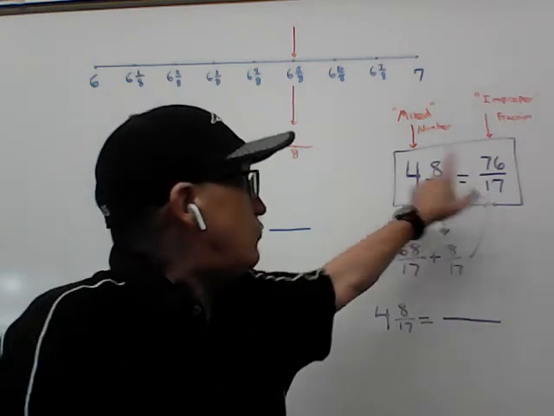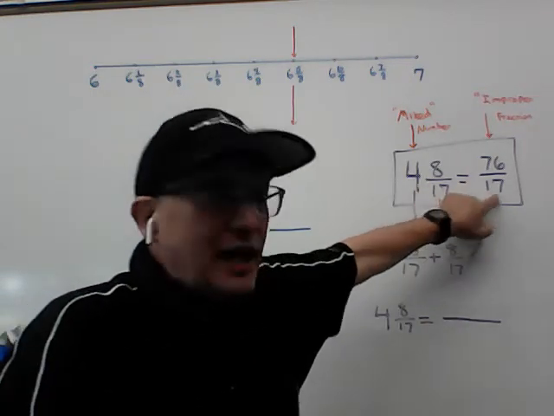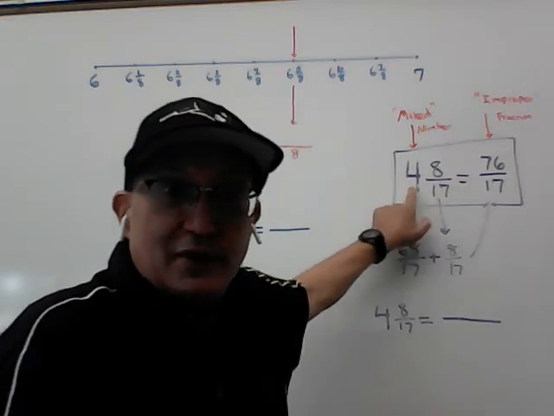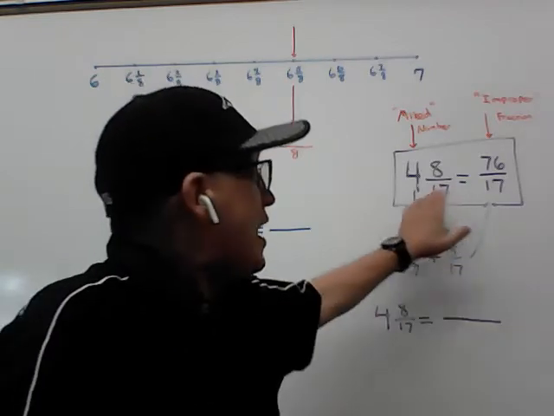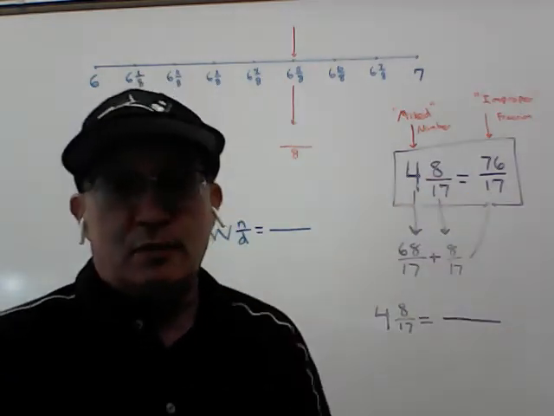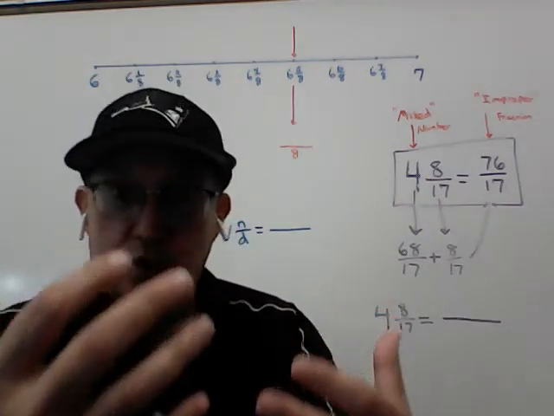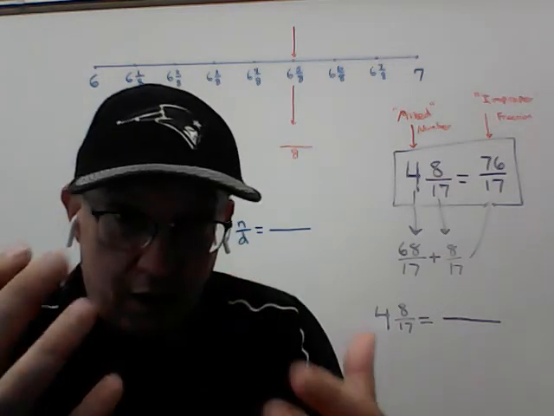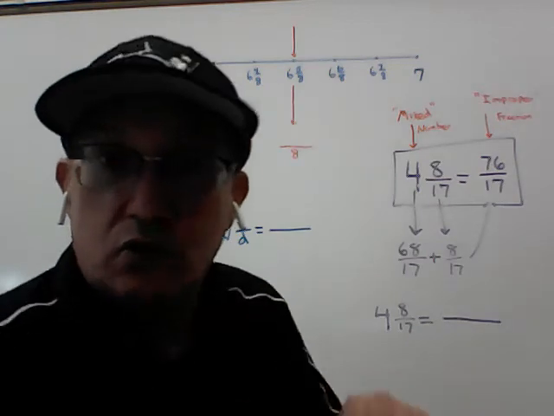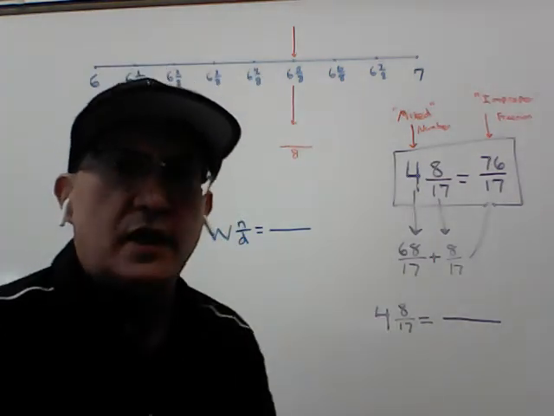Where is it on the number line if we convert it to the mixed number? So we say this is bad, and we want this. But if we have to multiply or divide mixed numbers, then we have to go from the mixed number to the improper fraction. So that's the explanation of why we're doing it. You don't have to fully appreciate it right now. Just trust me, it'll be necessary.